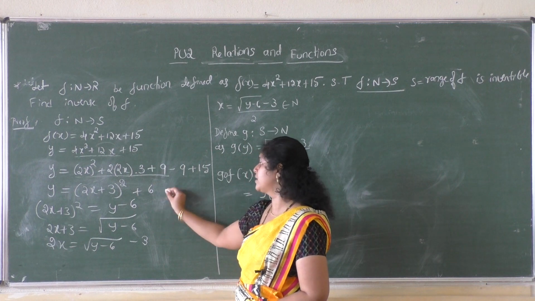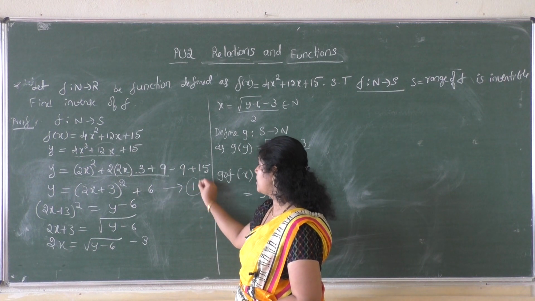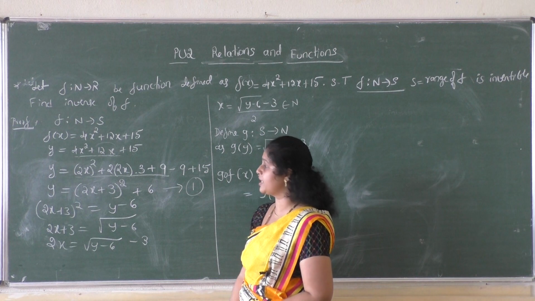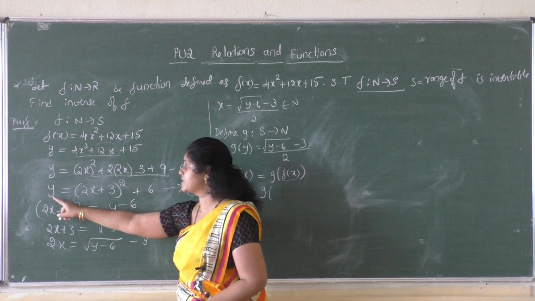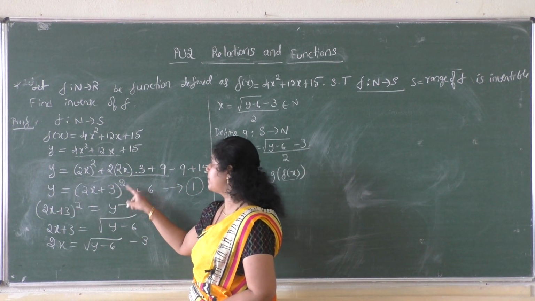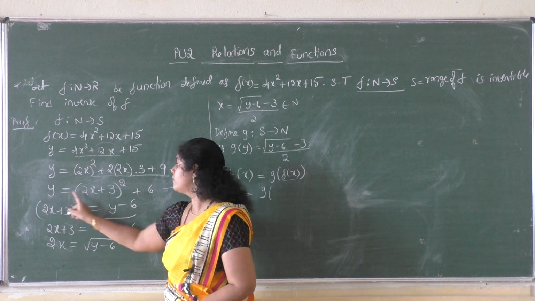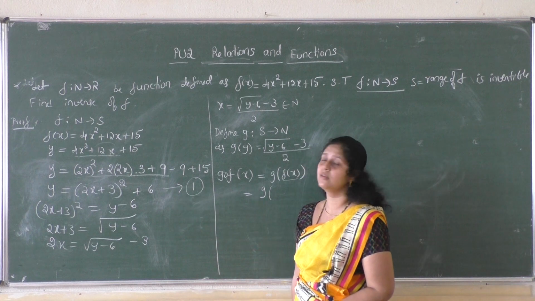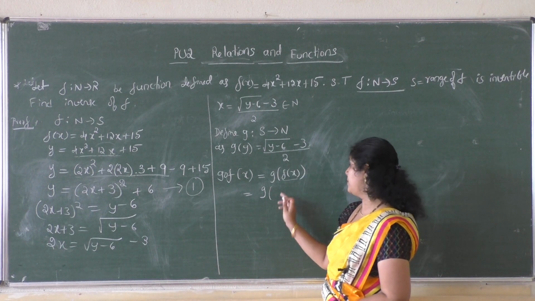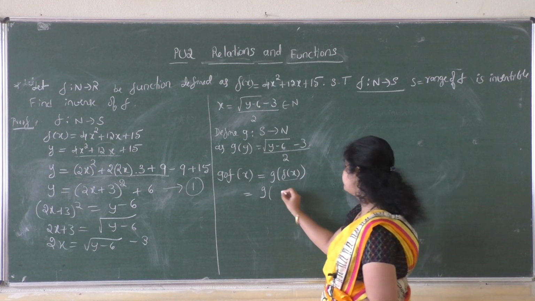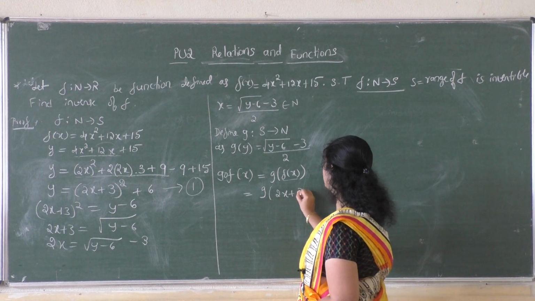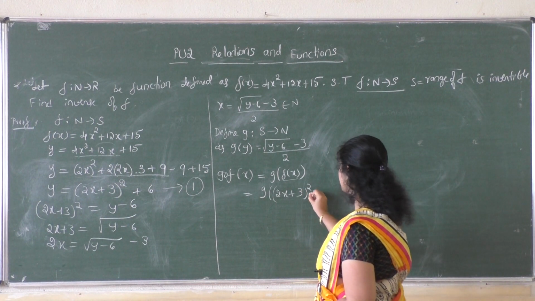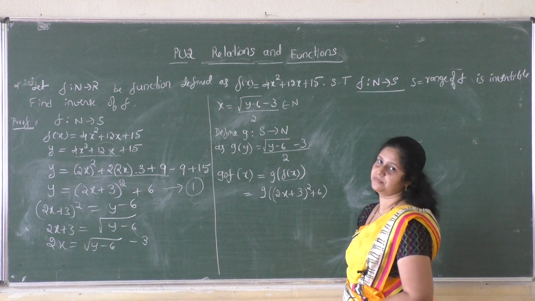I can take it as a perfect square. So y is (2x plus 3) whole square plus 6. I am choosing this one, so f of x is equal to (2x plus 3) whole square plus 6.